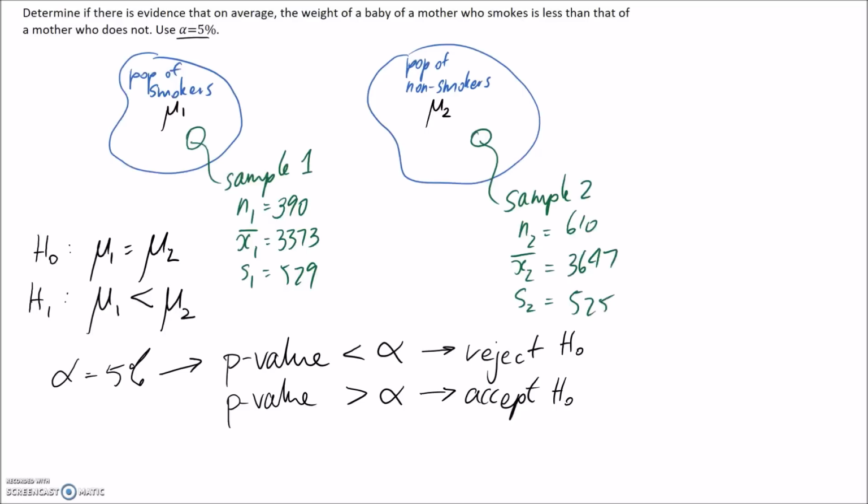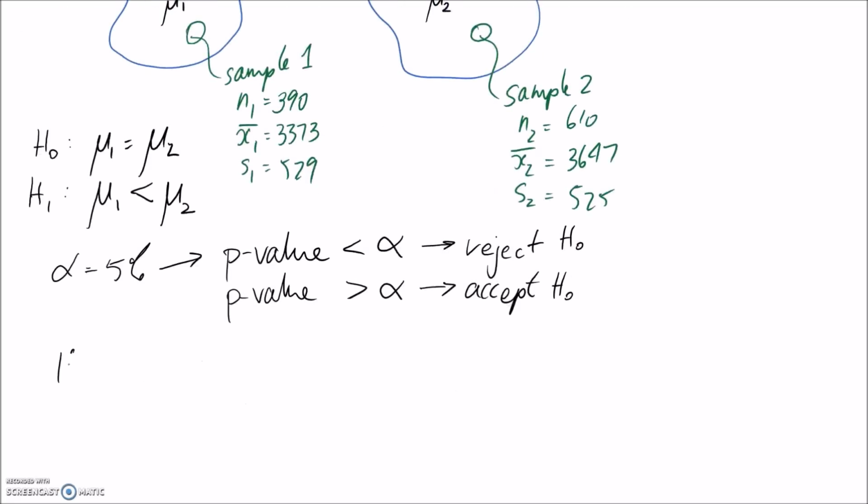Alright, so our next step now is to try and look at drawing a diagram of our distribution of x1 bar minus x2 bar. I'll just put if x1 and x2, so these are the random variables representing the birth weights in population 1 and birth weights in population 2. So if these are normal, which we're going to assume, then the difference in sample mean between the two of them should be normal as well.